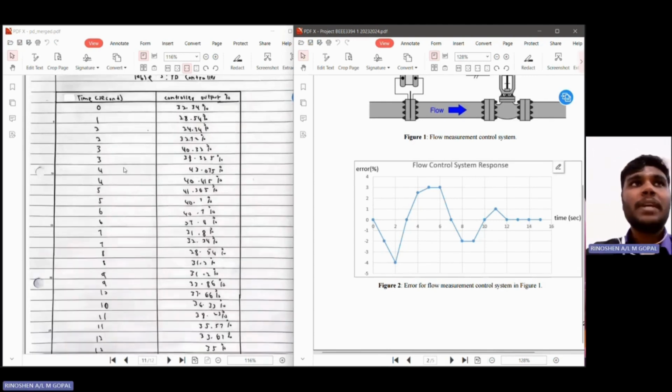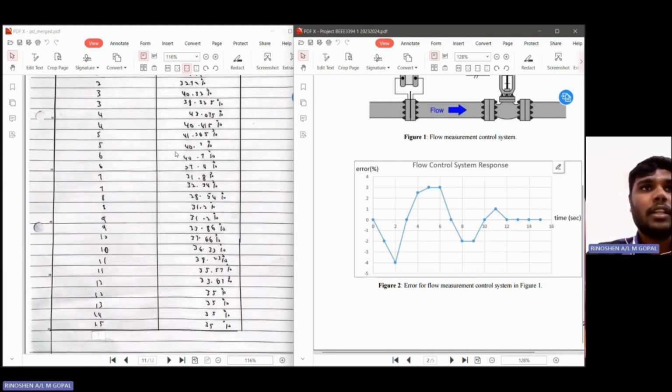In PD, we get different values for 2 seconds and 3 seconds; as you can see, for 4 seconds and 5 seconds, every second has two values. For 0 it is 32.34% controller output, for 1 second 22.54%, for 2 it is 24.74%, and the second 2 is 32.72%.